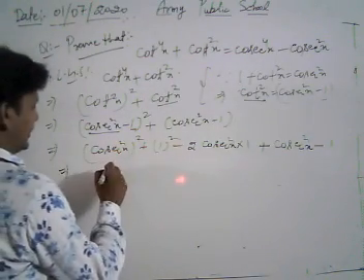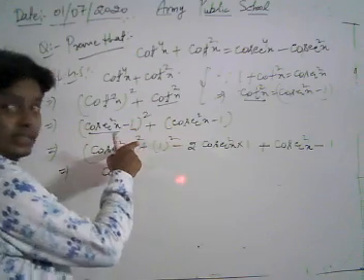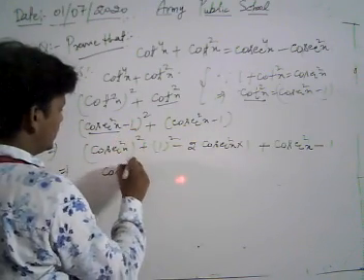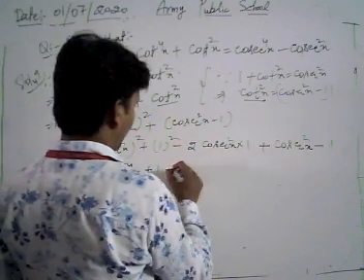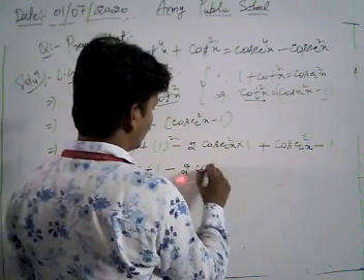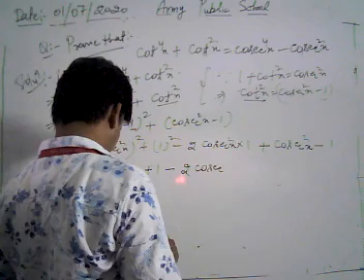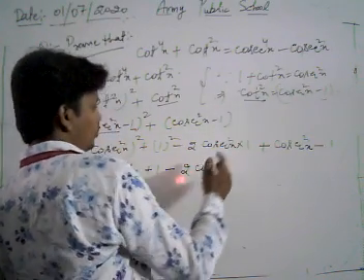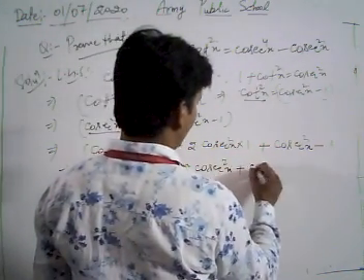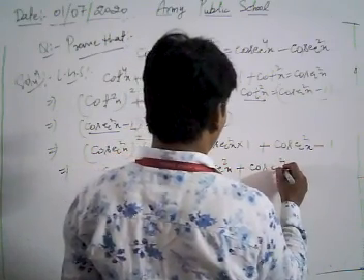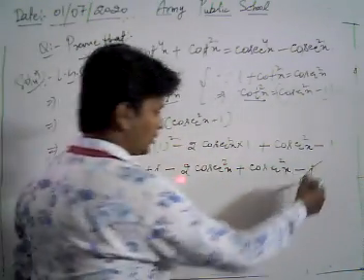Now we get cosec square x whole square, that is cosec to the power 4x, plus 1 minus 2 cosec square x, plus cosec square x minus 1. Now plus 1 and minus 1 cancel each other.